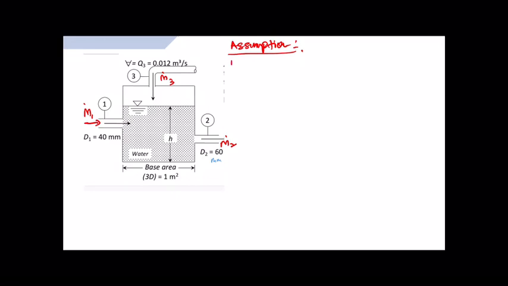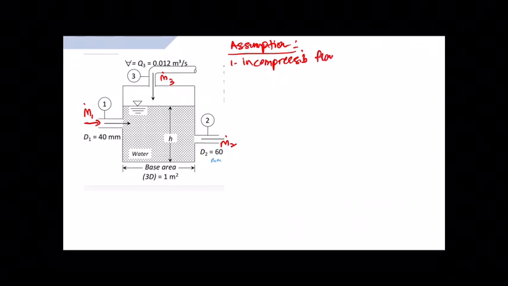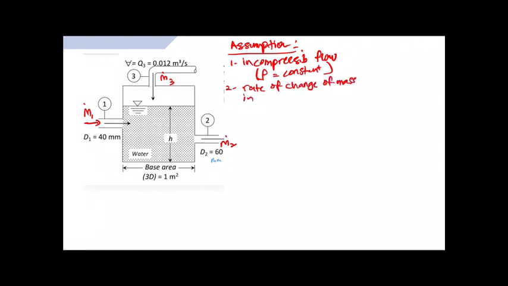So assumption 1, incompressible flow. Correct. Let's just get the simple one first, which means what? The density is constant, rho constant. Second, this system has rate of change of mass in the control volume.